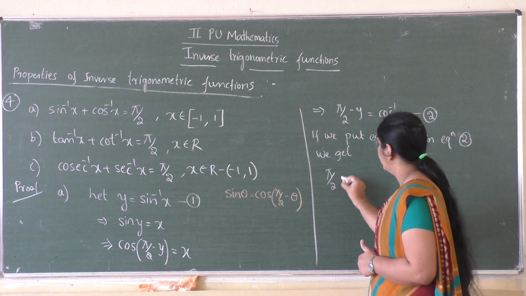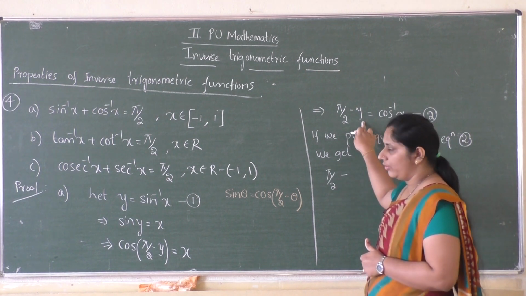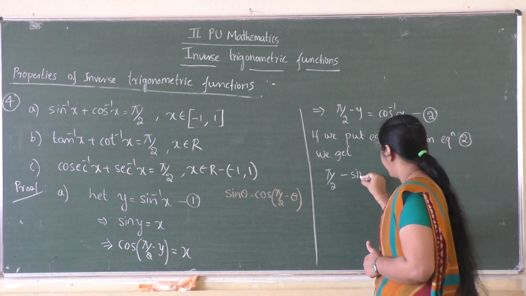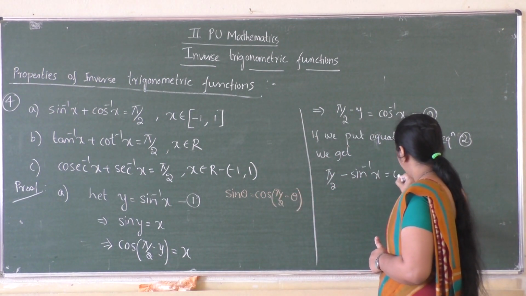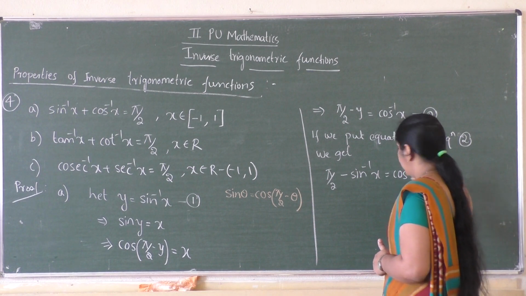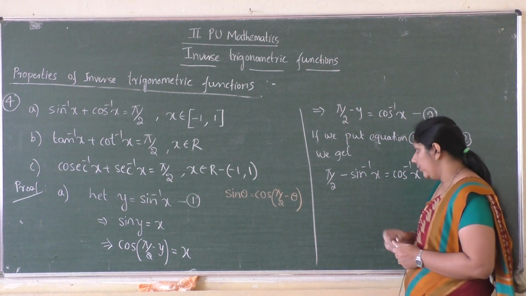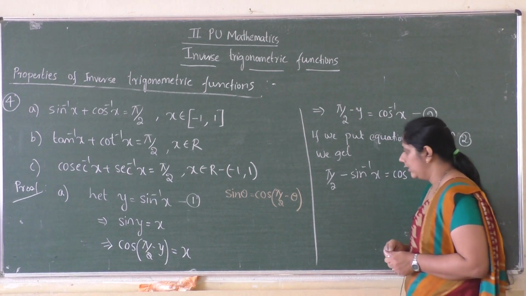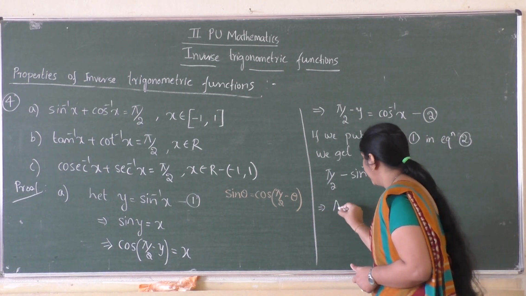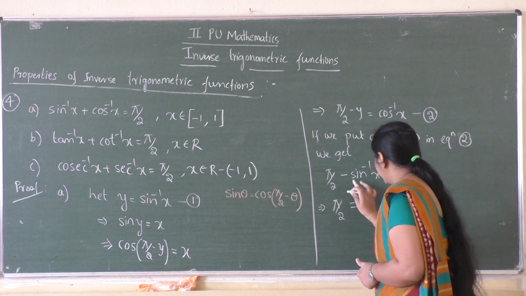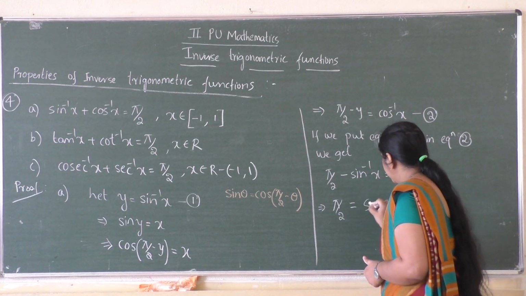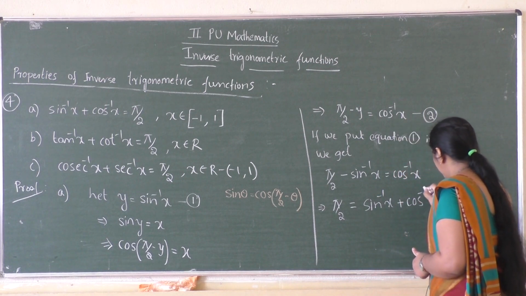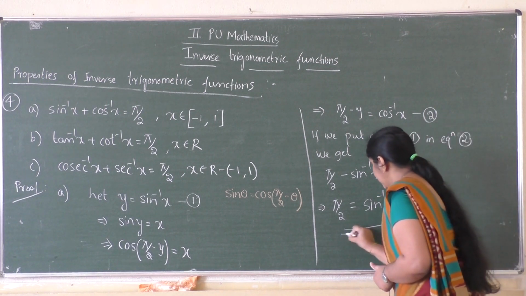pi by 2 minus, in the place of y we have to write sin inverse x, which is equal to cos inverse x. Now if I take this minus sin inverse x to the right side, it becomes pi by 2 is equal to, minus becomes plus, sin inverse x plus cos inverse x.